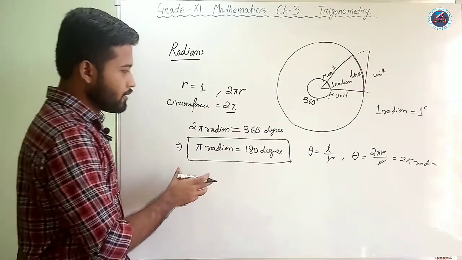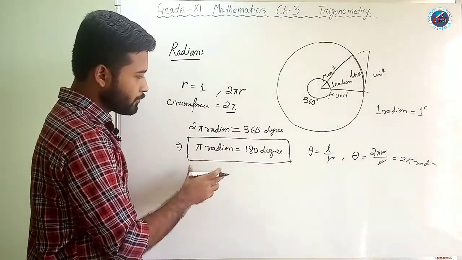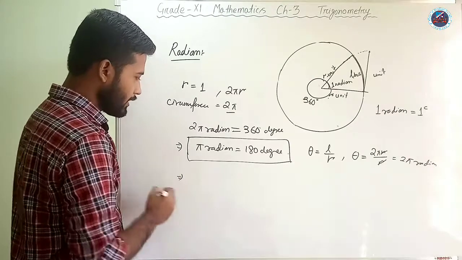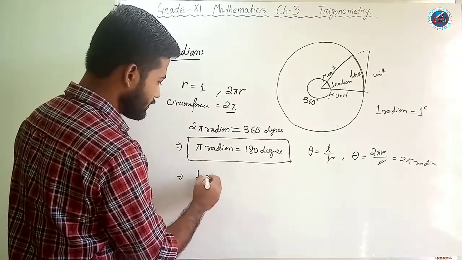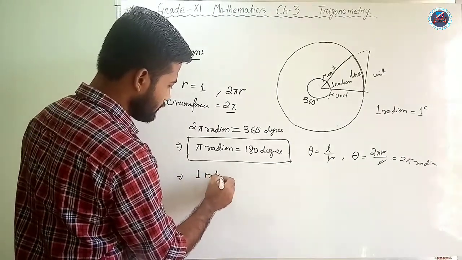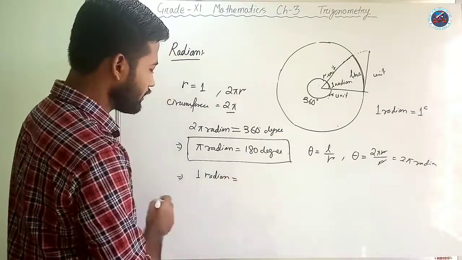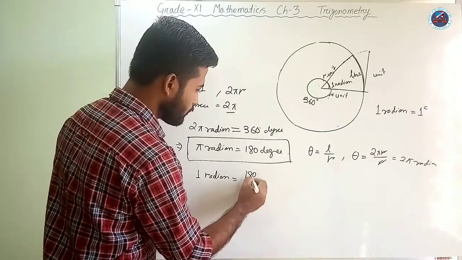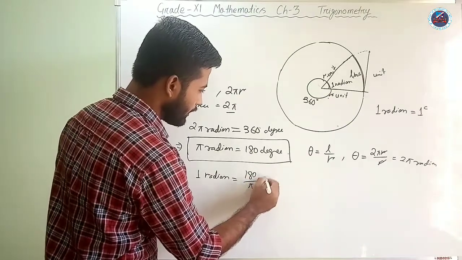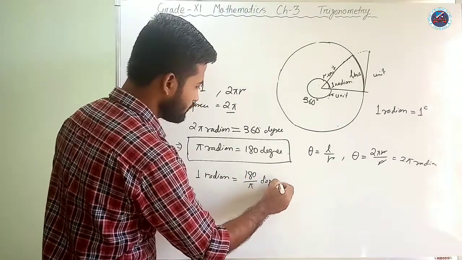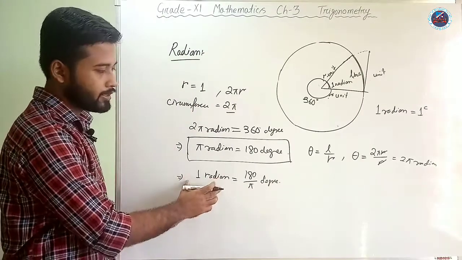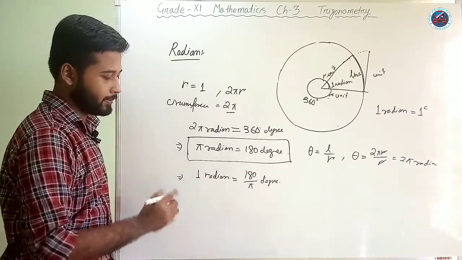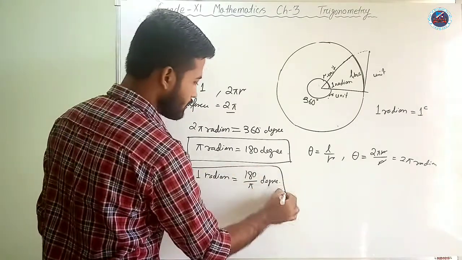So from there we can define certain things. If I divide 180 by pi, I shall get 180 divided by pi degree. That is, 1 radian is equal to 180 by pi degree. So this is one relation.